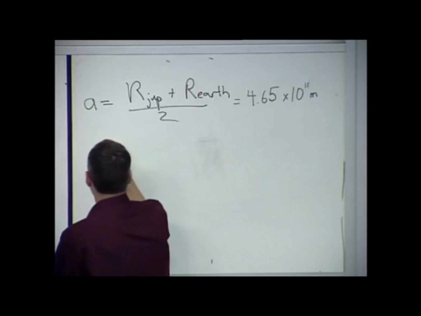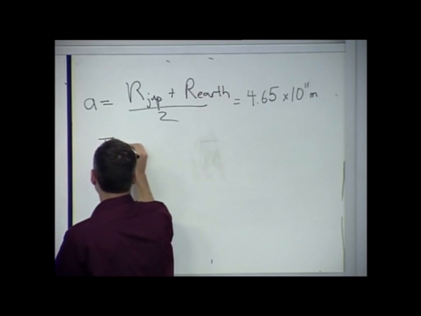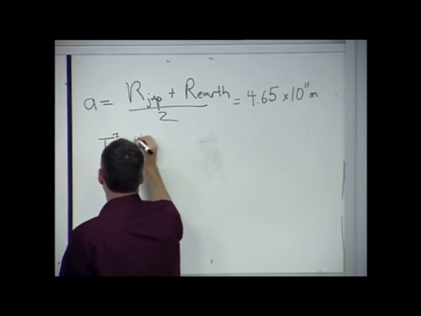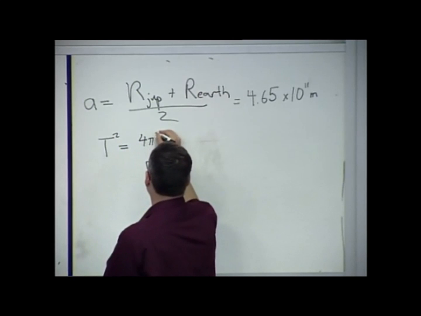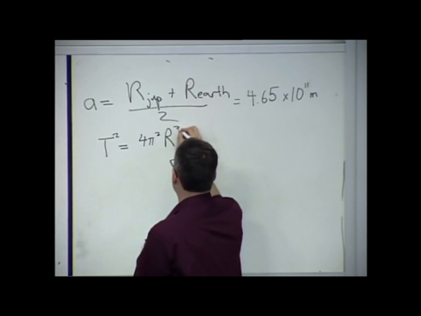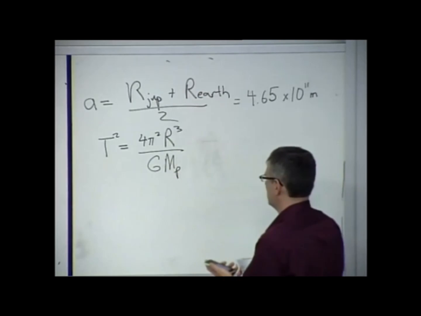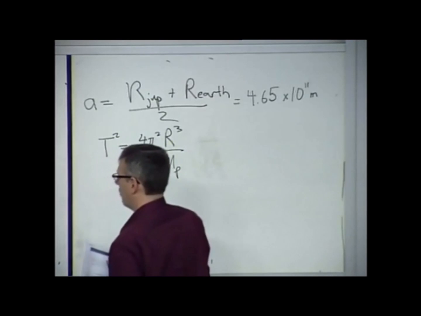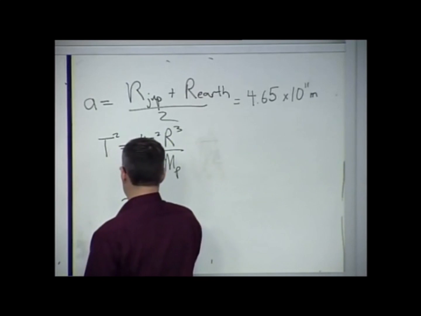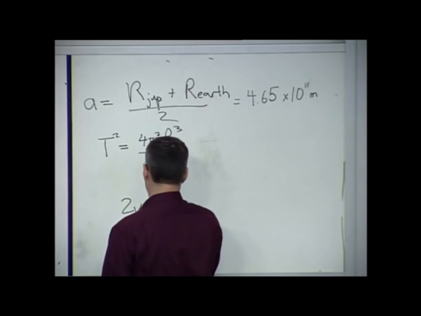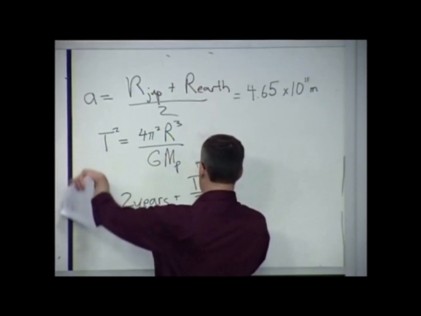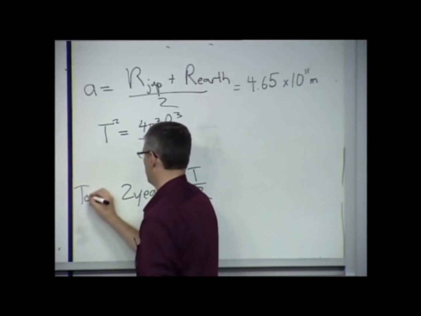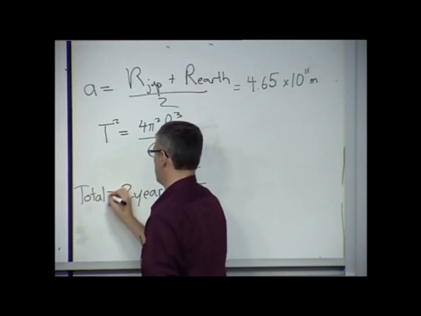And of course, we know that T squared is 4 pi squared r cubed divided by the Keplerian constant. And we just need half of that value. When we add it to 2 years, so 2 years plus this result divided by 2, that should be the total time for this system.